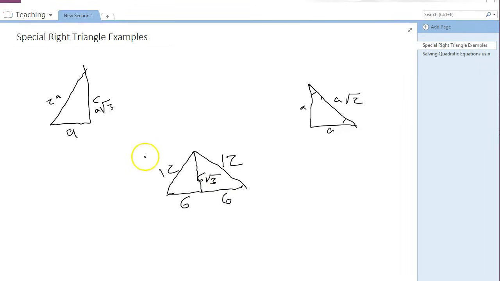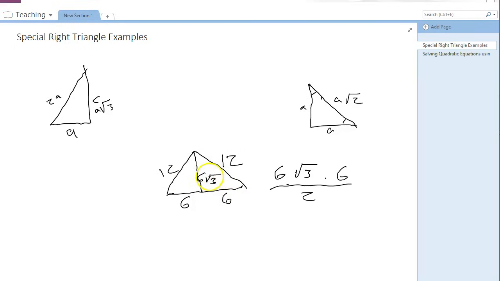That's A root 3. So the area would be this leg, which is 6 root 3, times 6, whatever that comes up to, divided by 2. That would be the area for this half of this triangle.